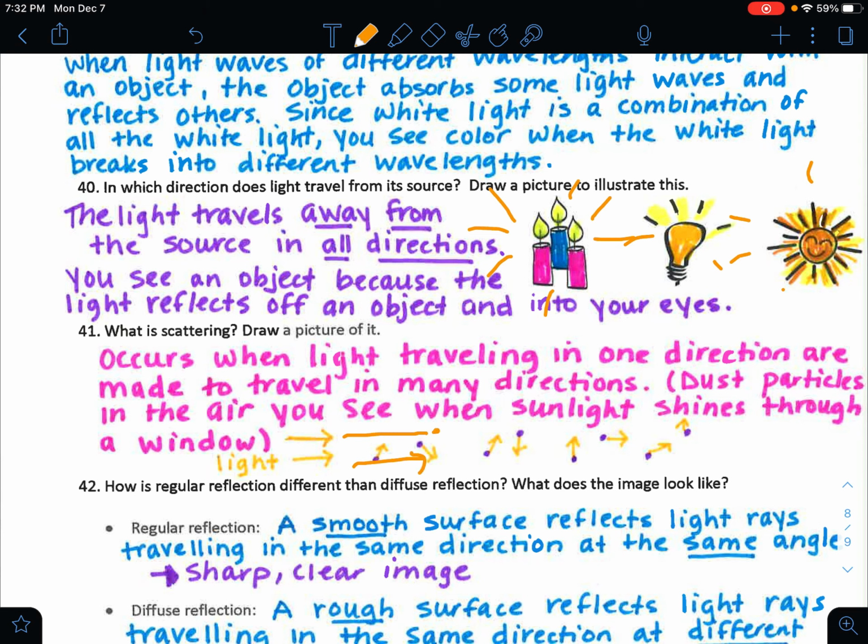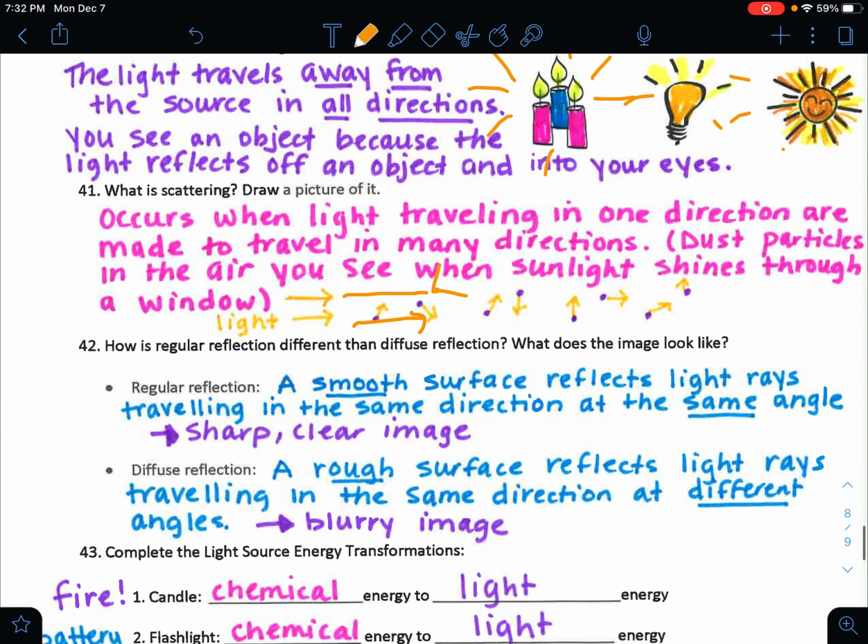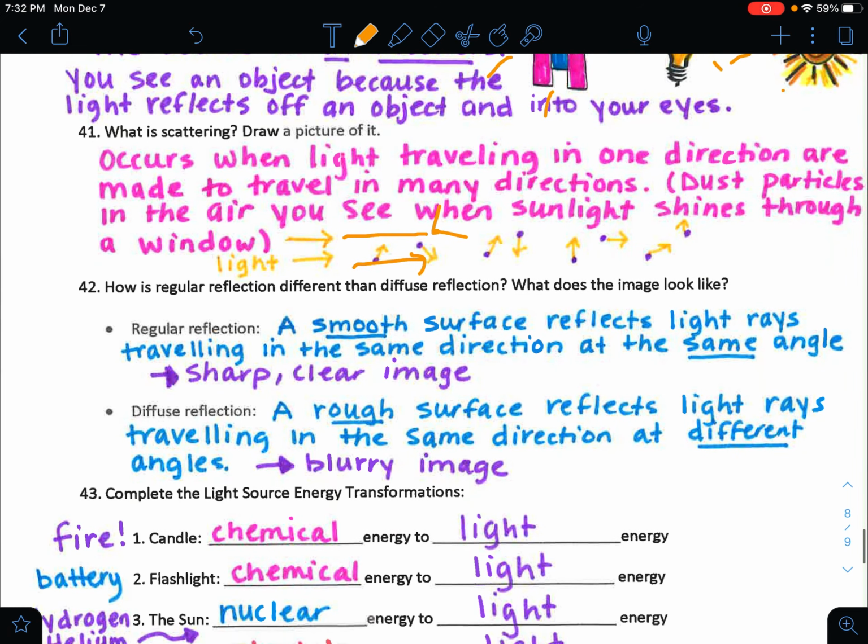It wants to travel in a straight line. But then we've got all of these little dust particles, and it bounces off of them. And then you can see those dust particles that are normally occurring here in our air. So that is scattering.